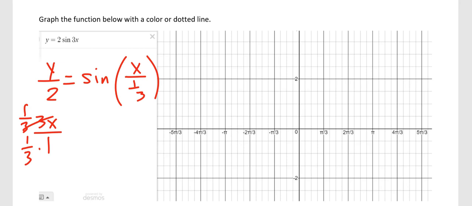All right, now, period. What's the period of the function? It's not 2 pi, folks. 2 pi over 3, that's true. If you take 1/3 and multiply it by 2 pi, you do get 2 pi over 3. A third of 2? 2/3.